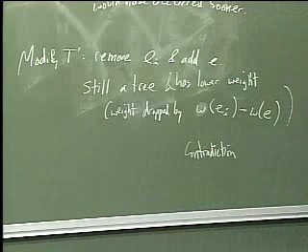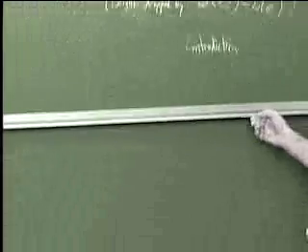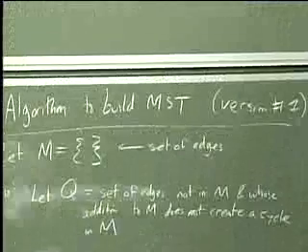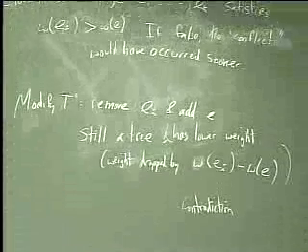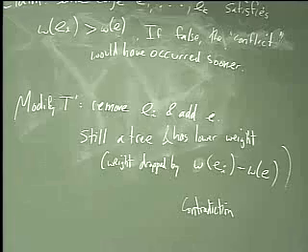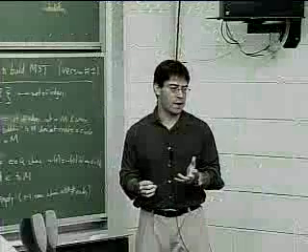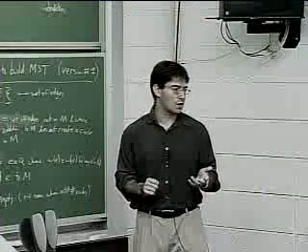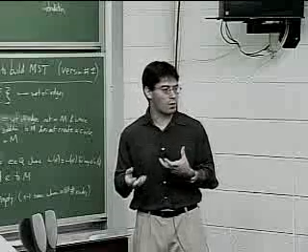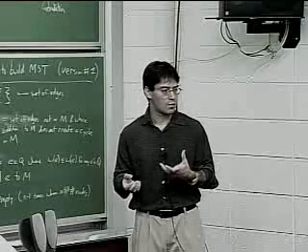Okay, so let me try and sum up one more time, just to clarify. I want to prove that this algorithm gives me the minimum spanning tree. So we're going to prove it by contradiction. Assume it's false. Then there's some other tree T prime that has lower weight, right?